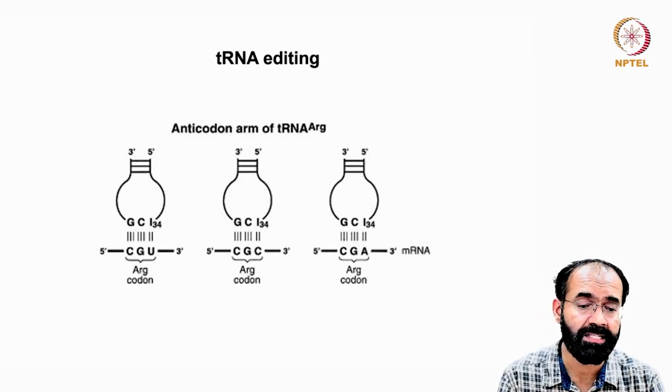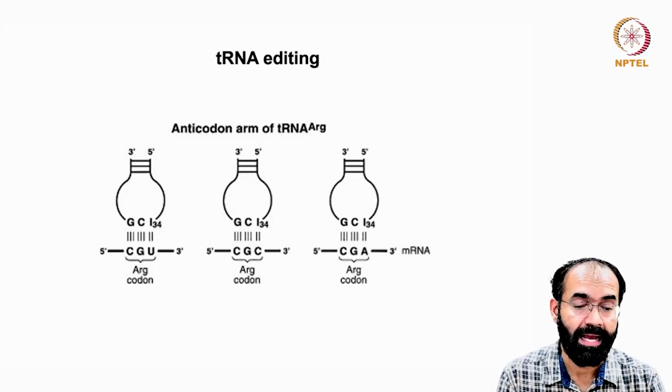And here what happens, G, C and I is there normally. This is the loop of the tRNA and this is the mRNA. So this is the arginine codon in the mRNA, CGU, and it is supposed to have G, C and A, and this A is now edited to I. This is one change.